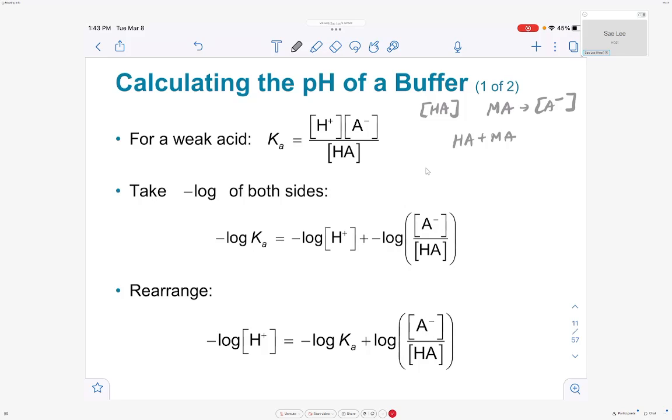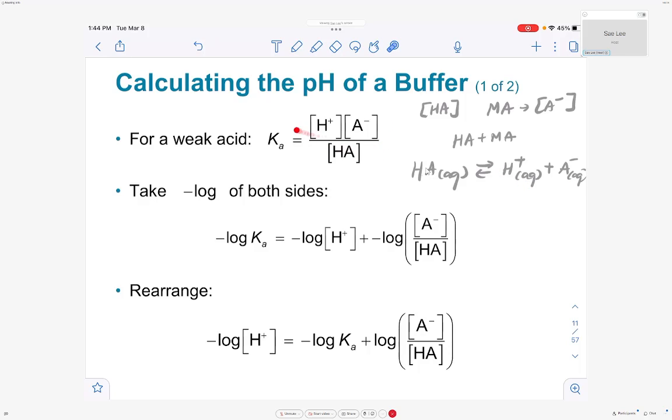which has an expression of... so then the corresponding acid dissociation constant Ka expression is going to be product concentration divided by reactant concentration, right?